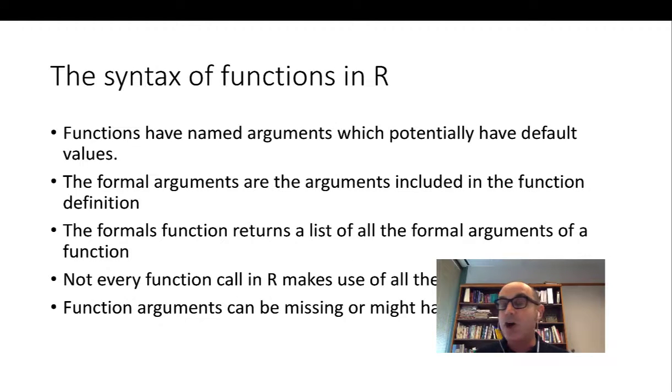So the syntax of a function in R has to be name, argument, which potentially has default values. You need to have formal arguments, such as arguments included in the function definition. Formals returns a list of all formal arguments of the function, and not every function called in R has a formal argument.